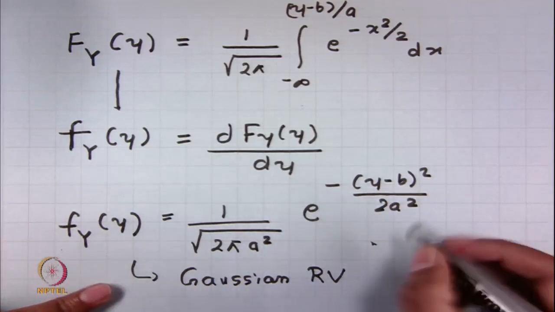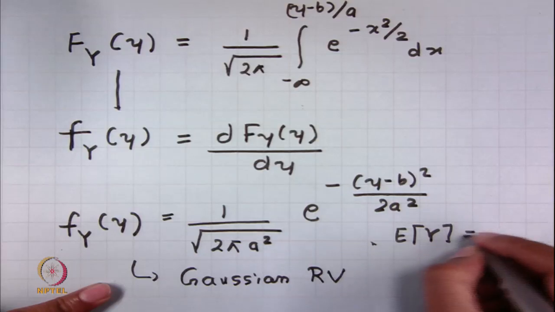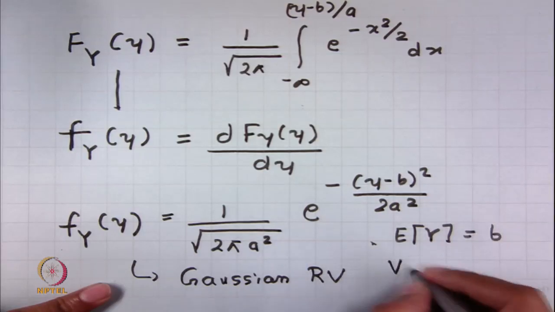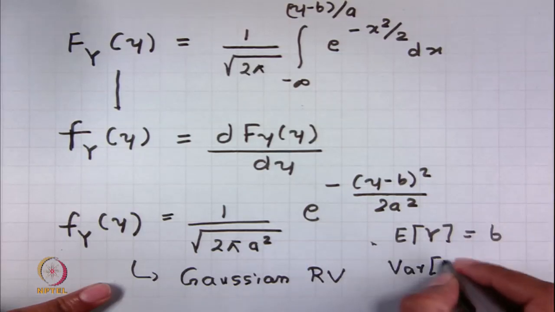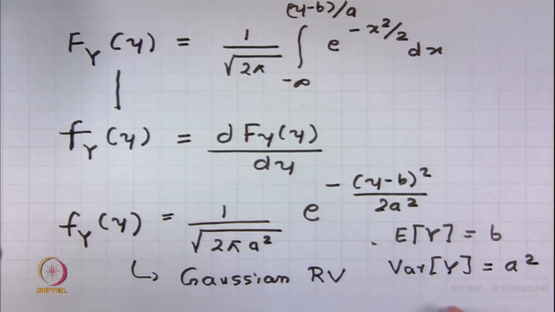So, if we write the mean of y, the mean of y is b and the variance of y has now become a square. Okay.